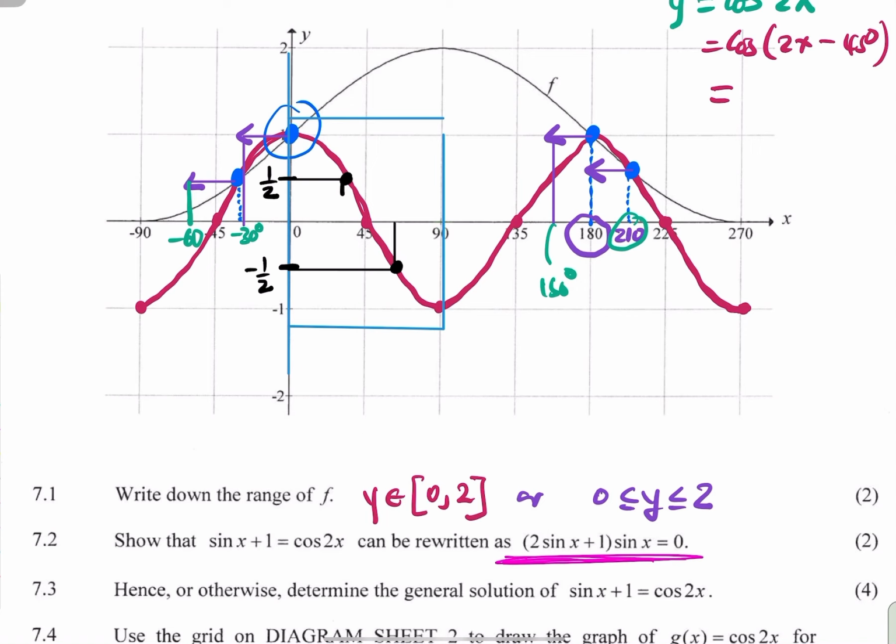And if you go down to the x-axis for the x value, you'll see that, I'm not drawing this really nicely. Okay, cool. So it means you're going to get your solution somewhere there and somewhere there. But you see that this is going to be 60 and that's going to be 30.